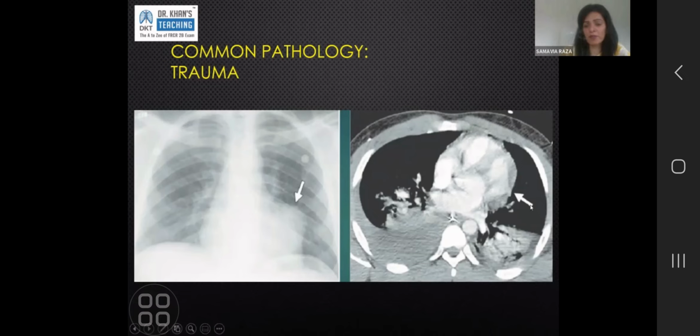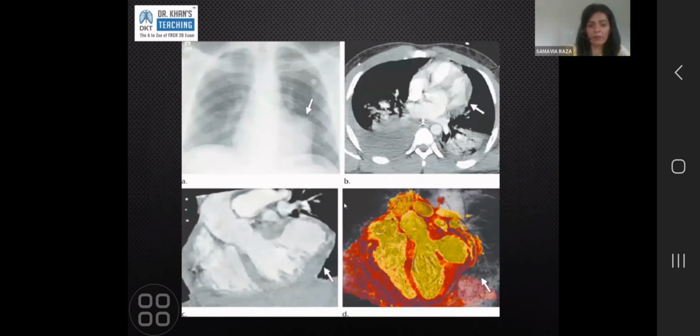But in the context of trauma, you have bilateral dependent consolidations, you have pleural effusions that look a bit dense, and then weeks later the patient has developed, in that place, a pseudoaneurysm of the left ventricle that is of significant size. So that's just worth remembering. It's a rare incidence, but something to put into the back of your mind.